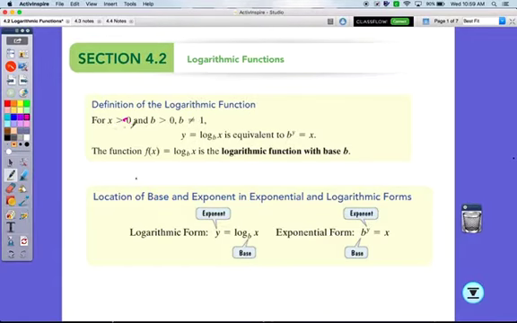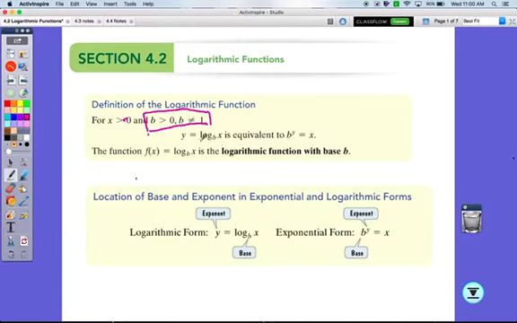The number inside has to be bigger than 0, and the base has to be bigger than 0 and can't be 1. From section 1, you might remember the base of an exponential function has to be bigger than 0 and can't be 1. Same thing for the base of the log.